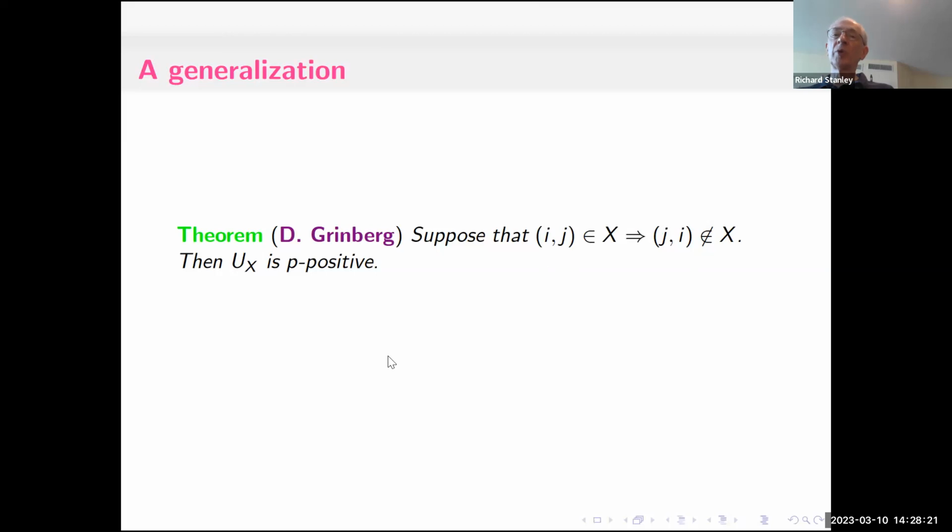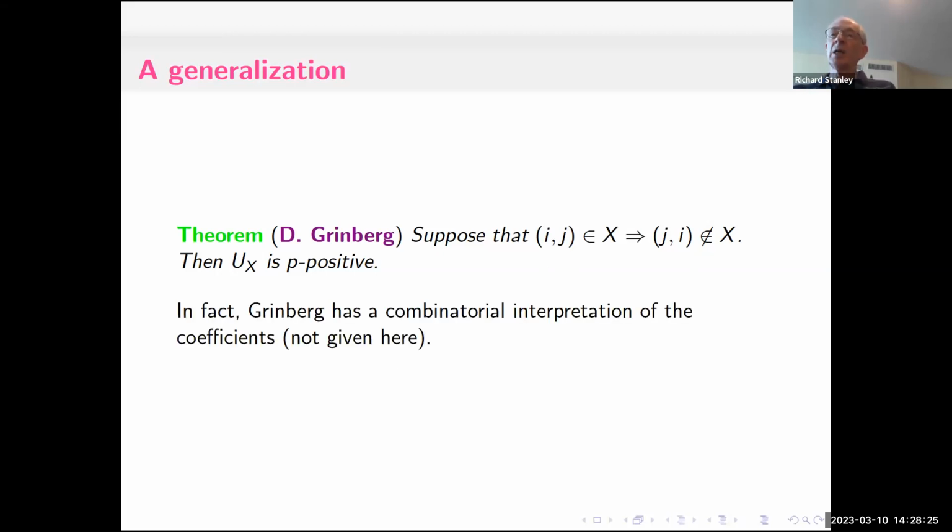This is even more general. And Grinberg has a combinatorial interpretation of the coefficients, but it's pretty complicated. Not so elegant as these record partitions. I won't mention it here.